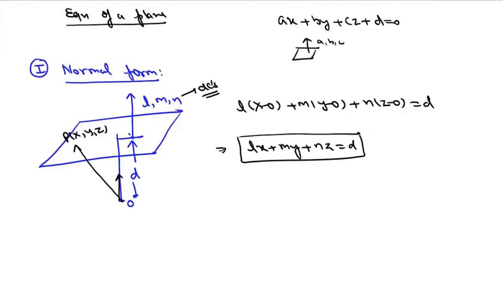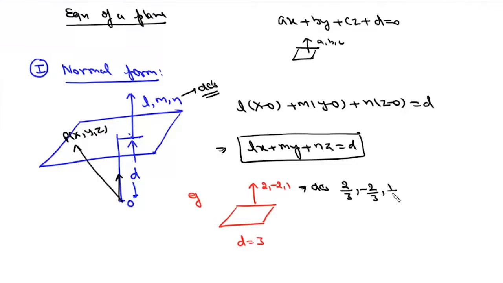So for example, take a plane which is at a distance of 3 units and whose normal is in the direction of 2, minus 2 and 1. The direction cosines will be 2 by 3, minus 2 by 3 and 1 by 3.